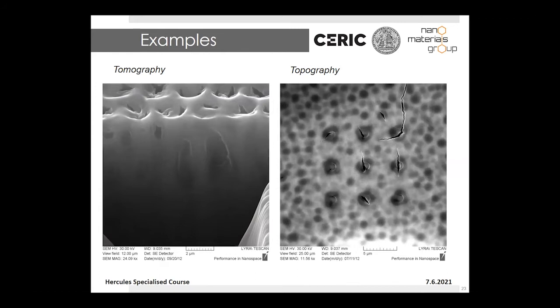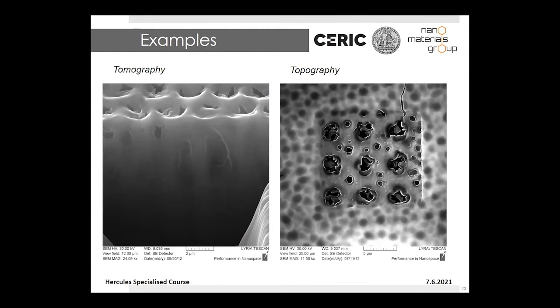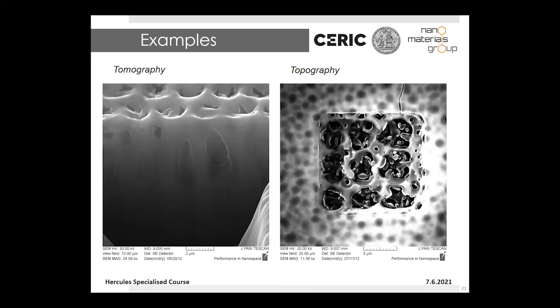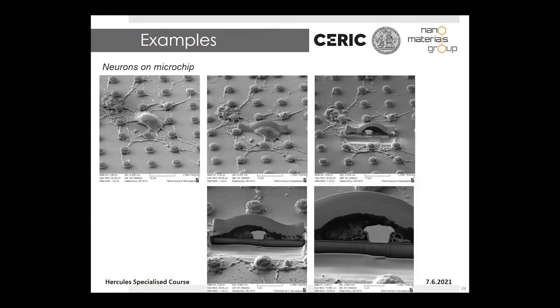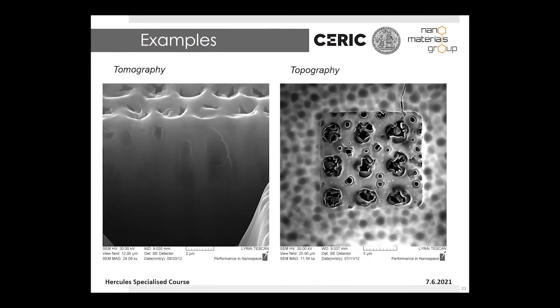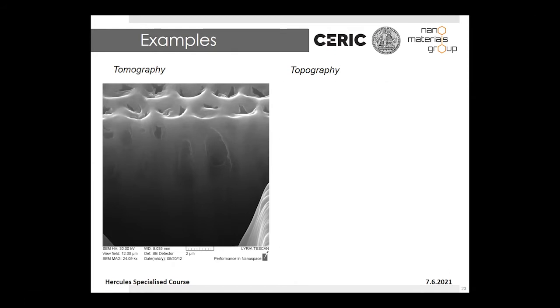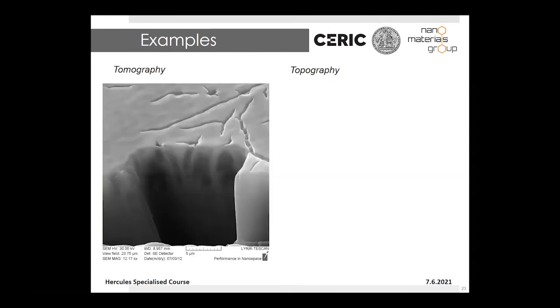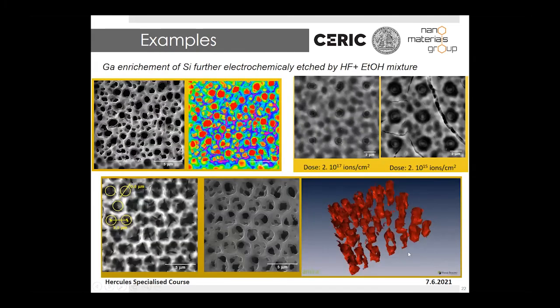So we are removing material from the very top, and then doing a reconstruction. So you can see how deep your pores are. If I go back there, then by using software for tomography, we can do a reconstruction of those holes which we created.